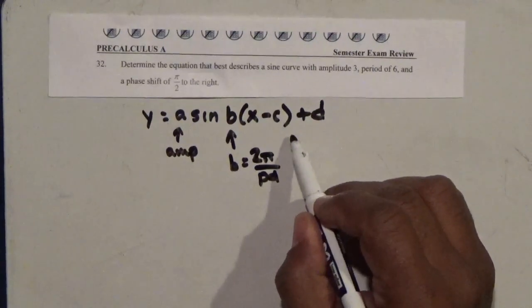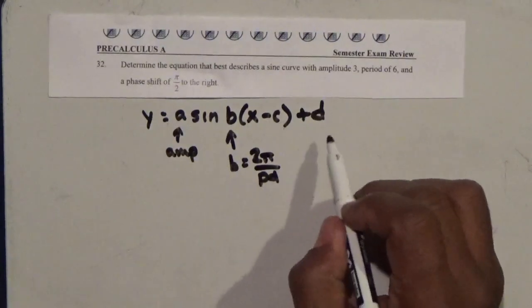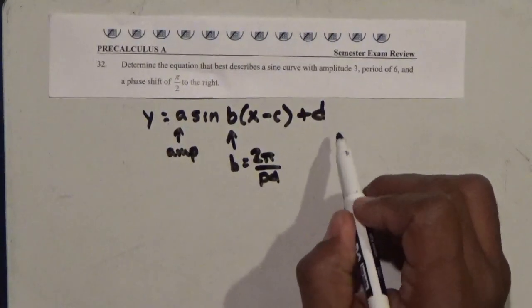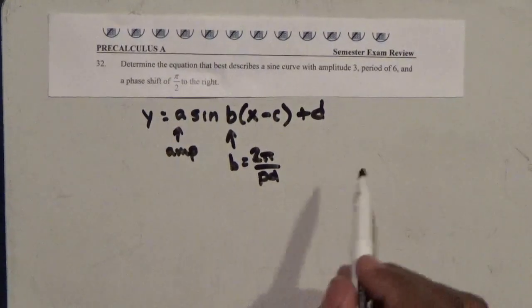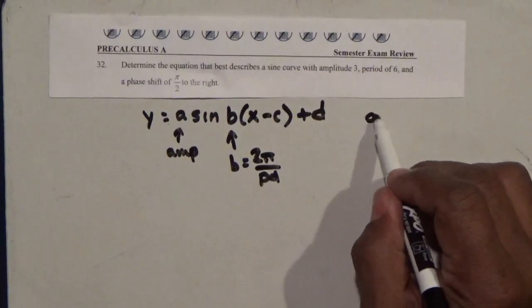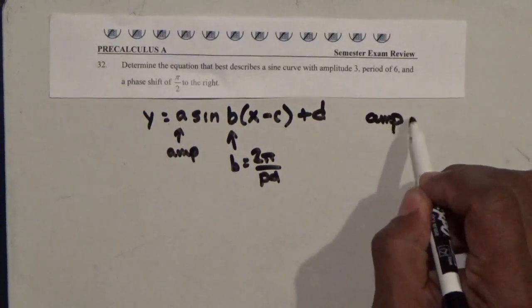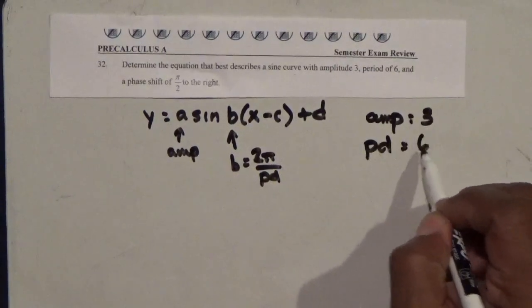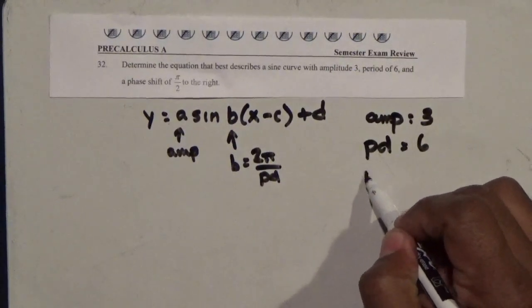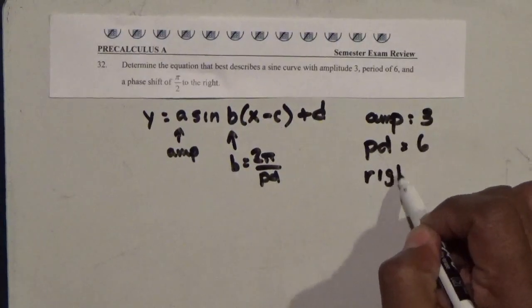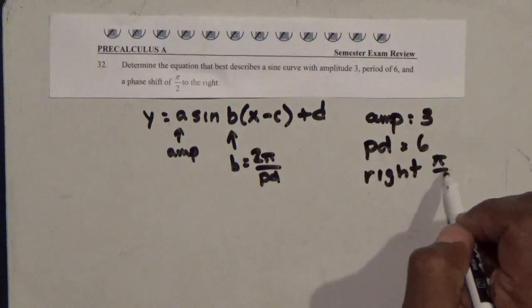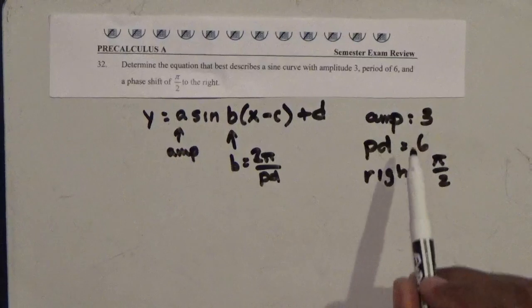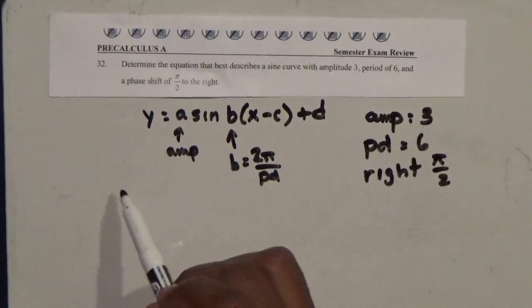Our c is our left-right shift, and d is our up-down shift, our vertical shift. They tell us that the amplitude is 3, the period is 6, and the phase shift is right pi over 2. So amplitude is 3, that's pretty simple.